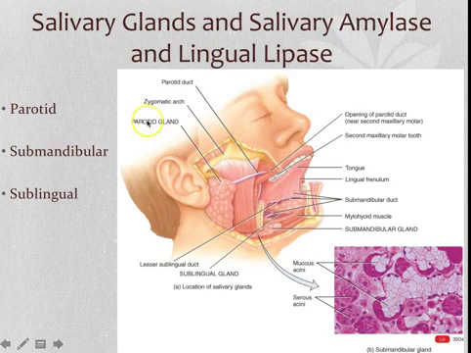We have 3 different salivary glands. So you have large parotid salivary glands, and you can see the duct that's going to take saliva to the mouth. You have sublingual salivary glands right underneath the tongue, and then you have the submandibular salivary gland right underneath the mandible. Now, all 3 of these will be made up of a combination of mucus as well as serous acini.